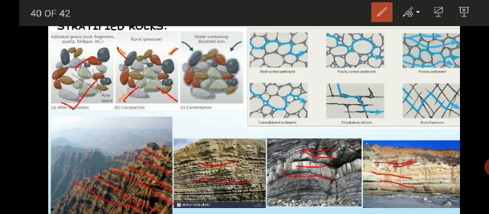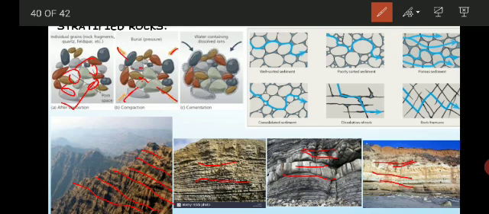The pore spaces, the openings or gaps in between the sediments, are present here in more amount, but because of the compaction the porosity decreases. The pore spaces decrease because the grains come closer to each other in the compaction process.